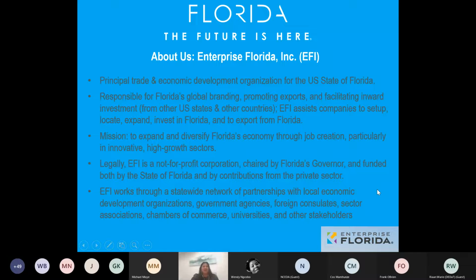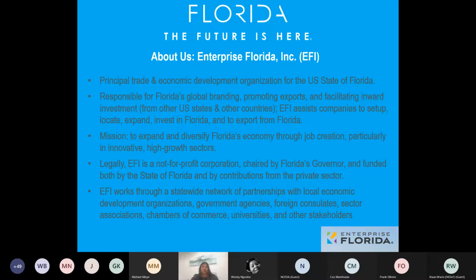Thank you. Enterprise Florida, I'm going to refer to it as EFI from this point forward. It can be a mouthful. Enterprise Florida is the official economic development organization for the US state of Florida. It is a public-private partnership and it is chaired by Florida's governor. EFI is responsible for Florida's global branding, promoting exports and facilitating inward investments, not just from international markets, but also from other US states into Florida.